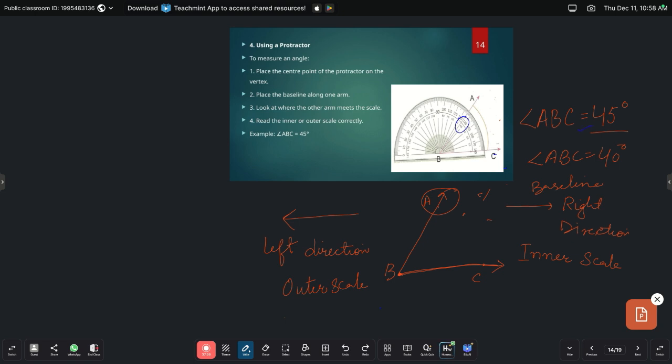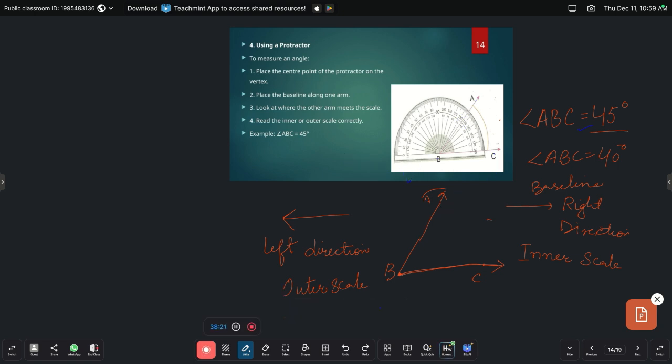That means it is less than 90. So what is this angle ABC? It is an acute angle because the measurement of this angle is 45, that is less than 90. So this angle ABC is an acute angle.